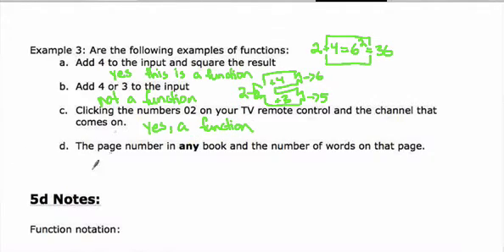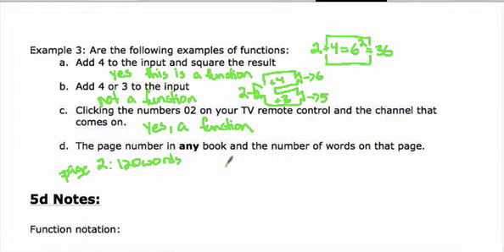And last one here, the page number in any book and the number of words on that page. Okay, so let's say we went to page number 2 in our math textbook, and there were 120 words on that page. Let's write this down so we can keep track.